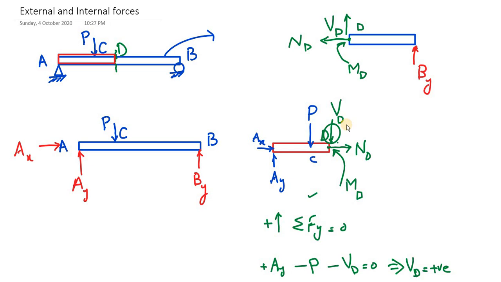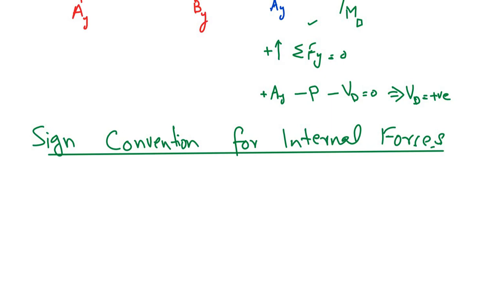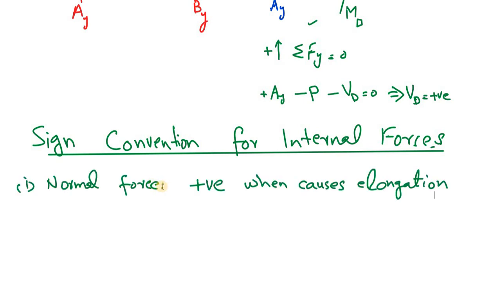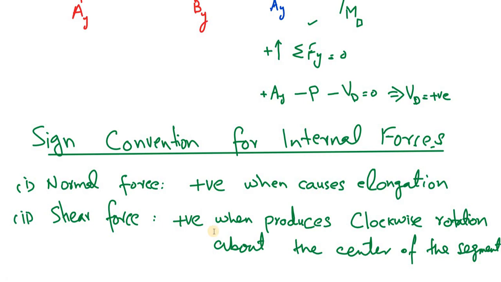This is important. We have sign conventions for internal forces, based on how an internal force deforms the body. What do I mean by that? Normal force is considered positive when it causes elongation in the body. Next is shear force.